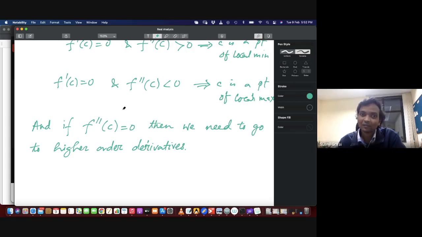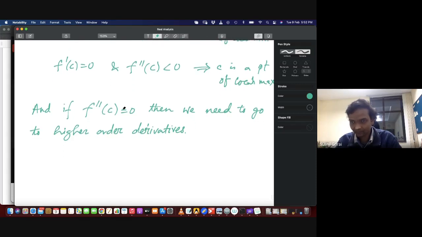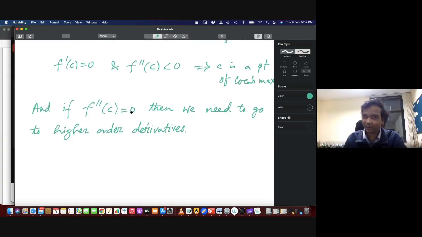That is our question. For that we'll look at the higher order derivatives, mainly second order, and that will tell you in which direction the graph of the function is bending.